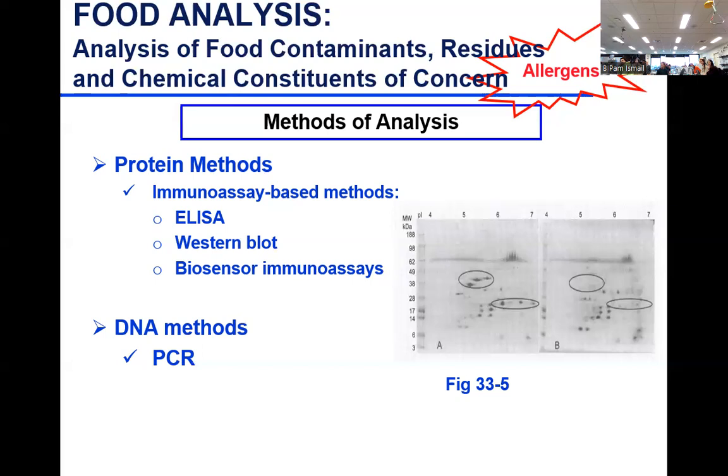There's no longer DNA in that sample. So if you do PCR, you won't be able to detect it. So both methods have their pluses and minuses. We have to determine which one would be appropriate for the type of sample we have.